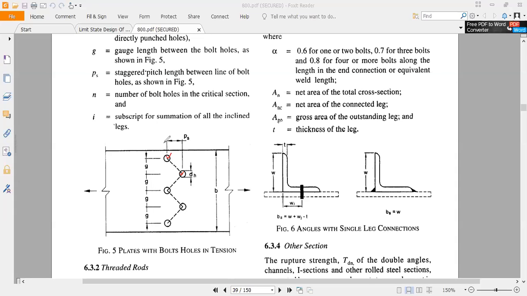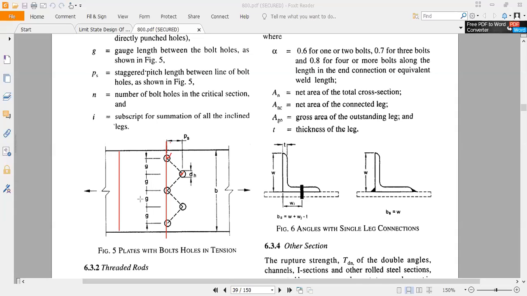So these bolts are not in a single line. If it is in a single line, then the calculation is very simple. If it is not in a single line, then what will be the calculation? How to find the net area? If you want to find the net area along this line, the face area, you see this will be the b, and it will have a thickness t.